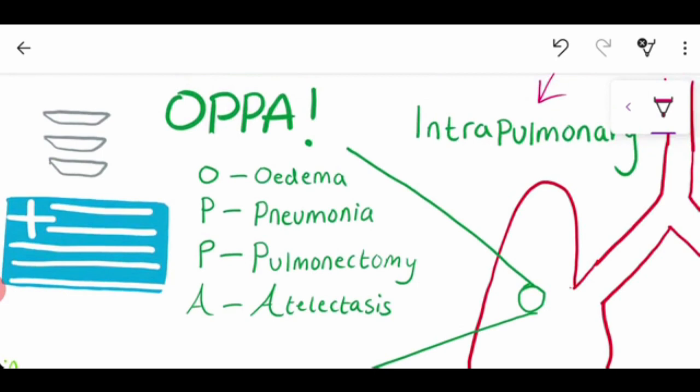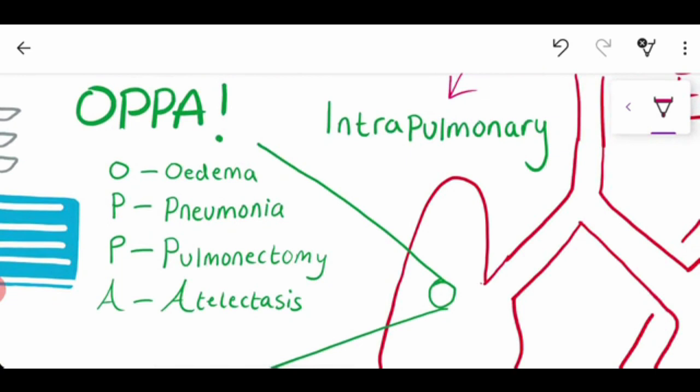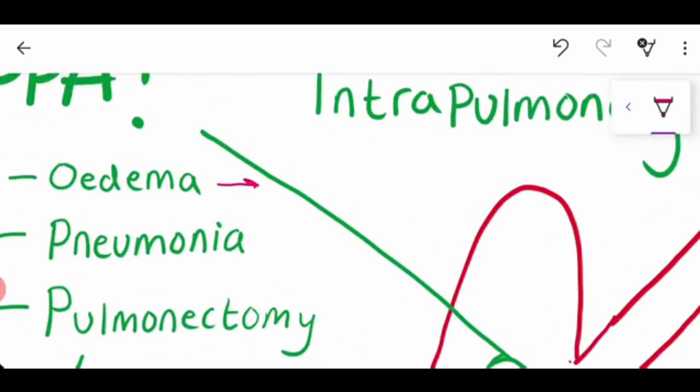All these factors are going to cause an impairment in some form or another, in some percentage. It's going to impair the intake of oxygen into the lungs. And when I say edema, I'm talking about an interstitial edema or intrapulmonary even.